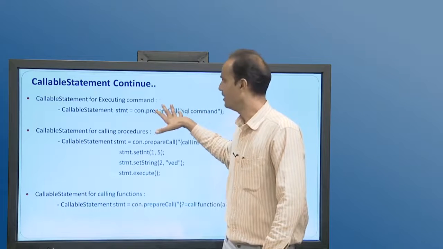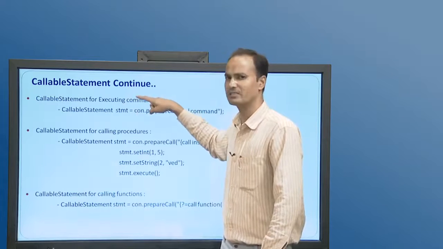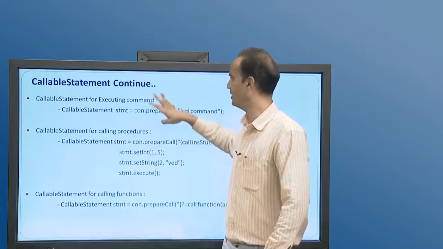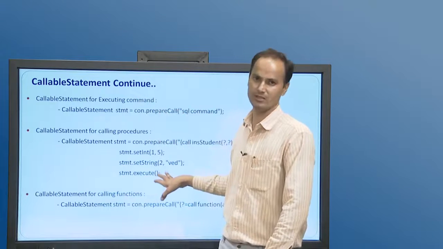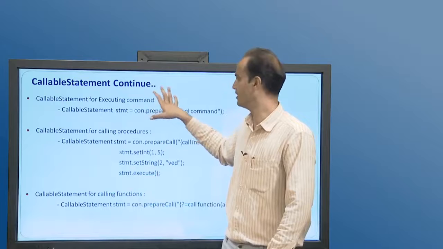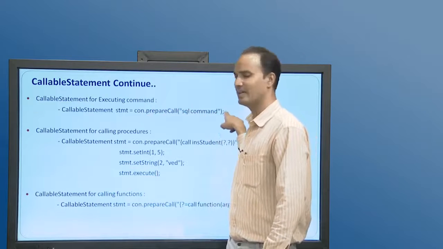This prepareCall is generally used in three kinds of situations: to execute a command, to execute a stored procedure, and to execute a function. For an SQL command, we will use the SQL command as an argument.